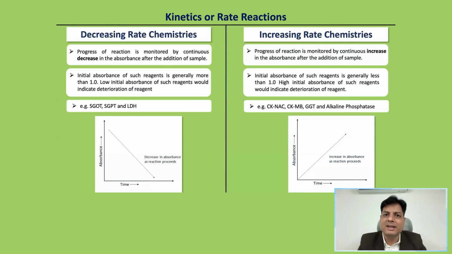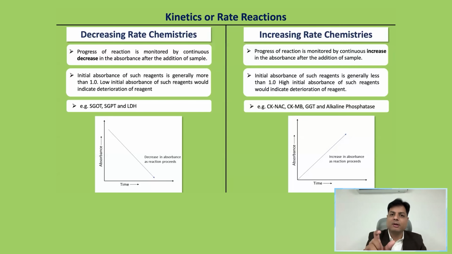So in a decreasing rate kinetic reaction, we will take measuring point number 1, which is our OD number 1, and we will take OD number 2. Both of these ODs have to be in the log phase of our reaction. We cannot take the measuring points in the lag phase of the reaction.